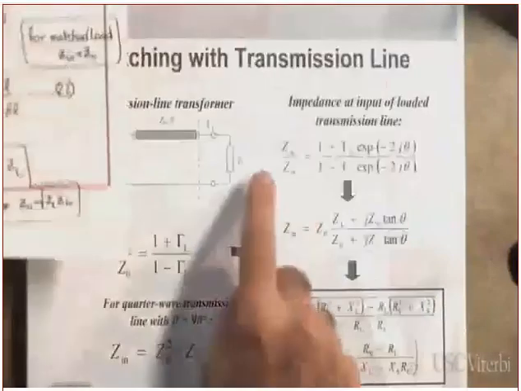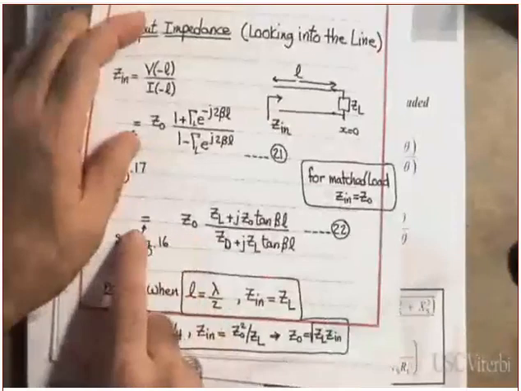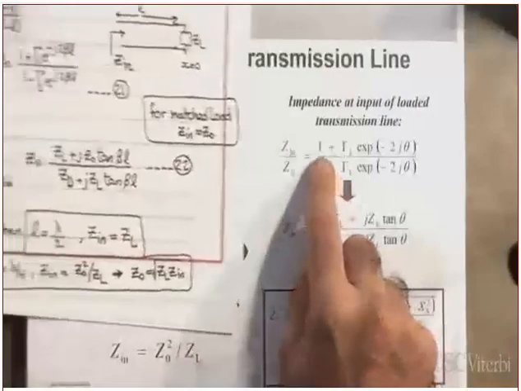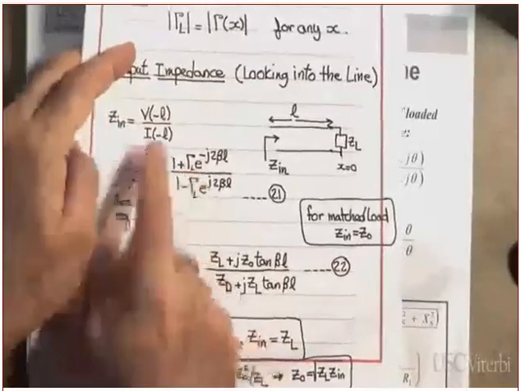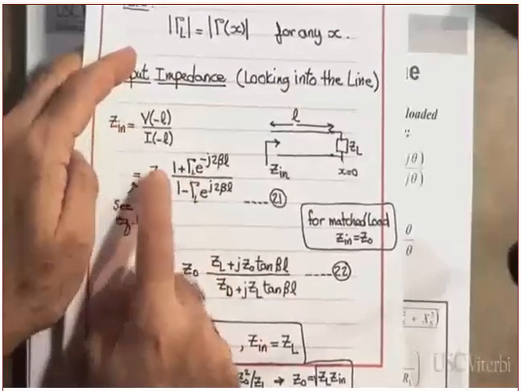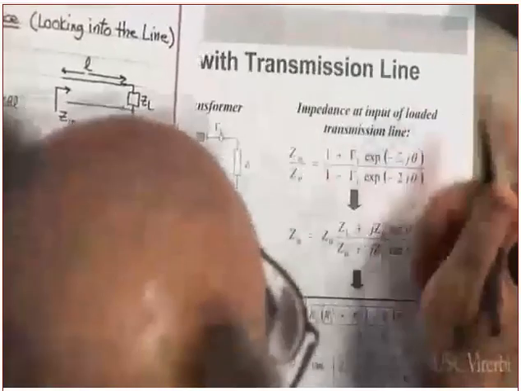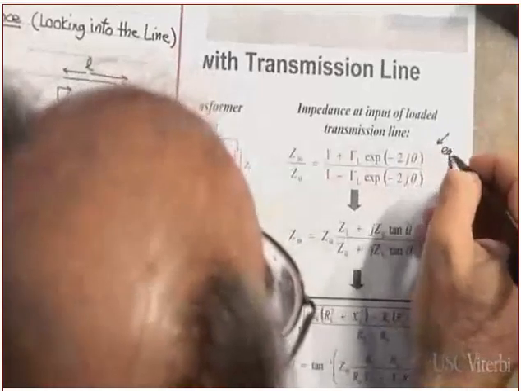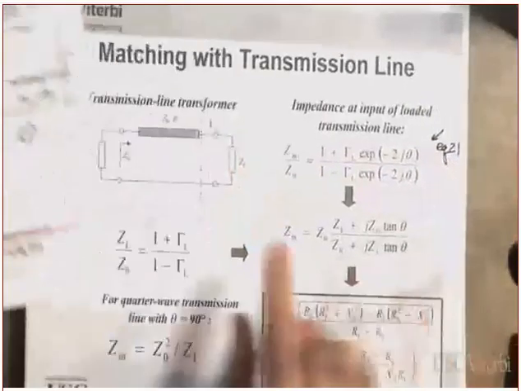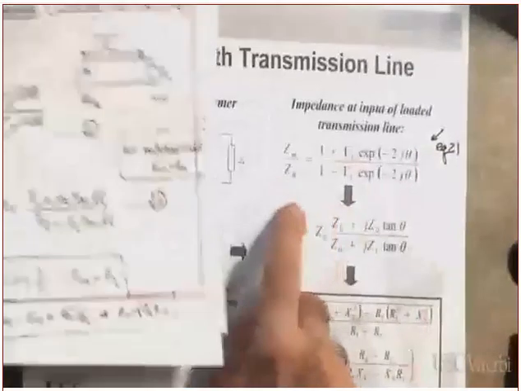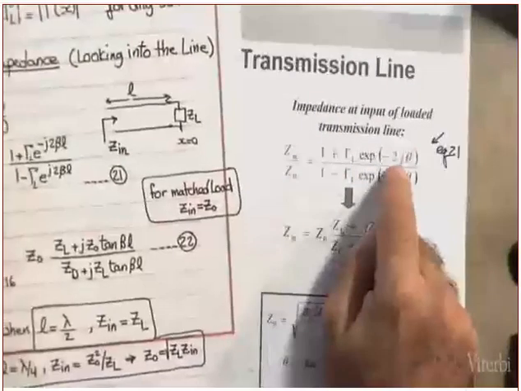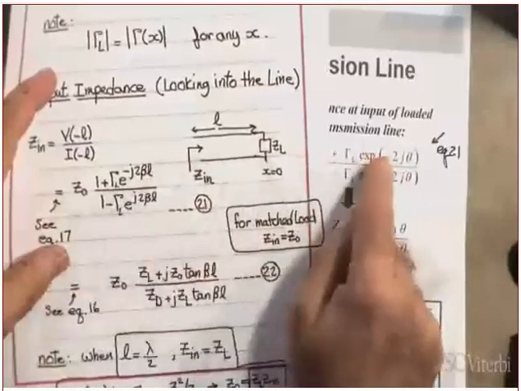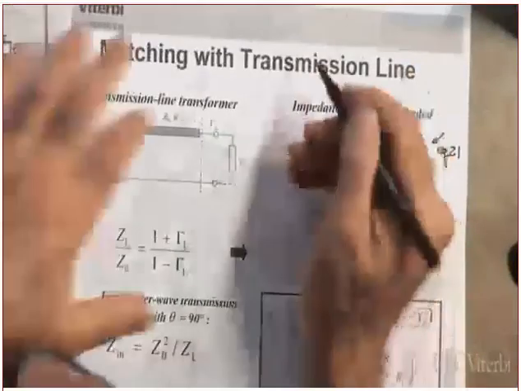Zn divided by Z naught equals 1 plus gamma L, over 1 minus gamma L. So this is equation 21, if you are ready. Zn divided by Z naught equal to 1 plus gamma L e to the minus 2j beta L, and so on. And beta L, theta, is the same as what?